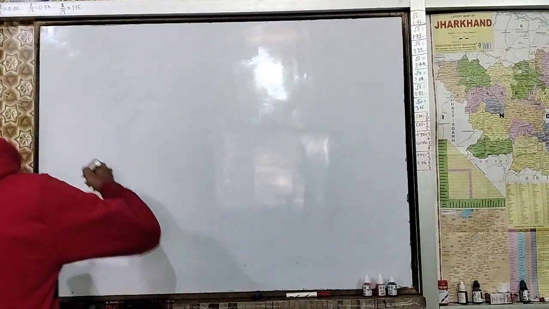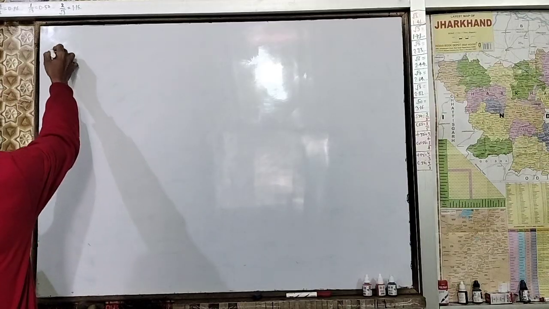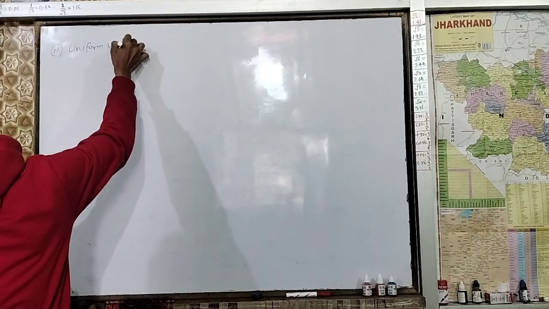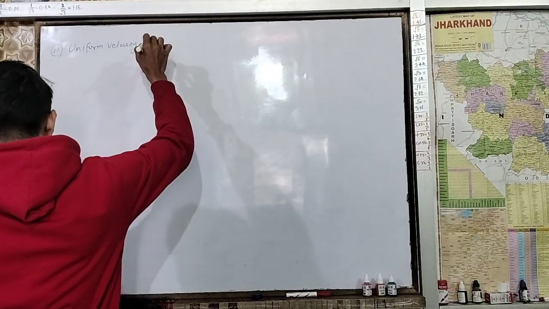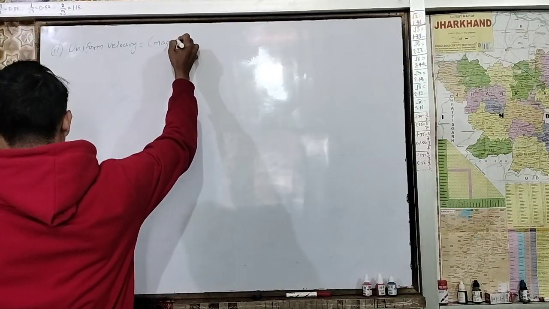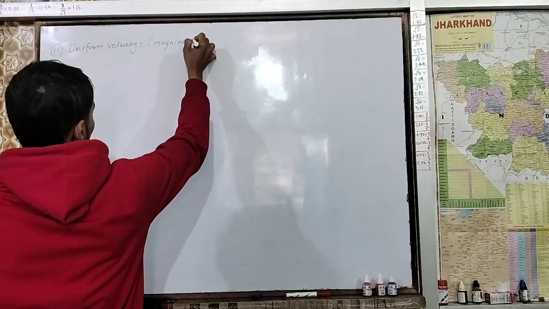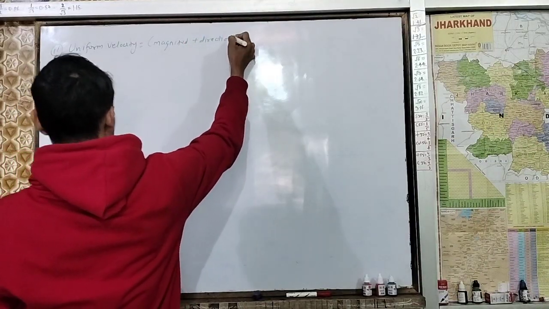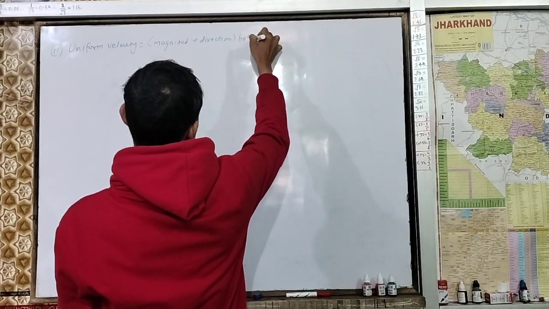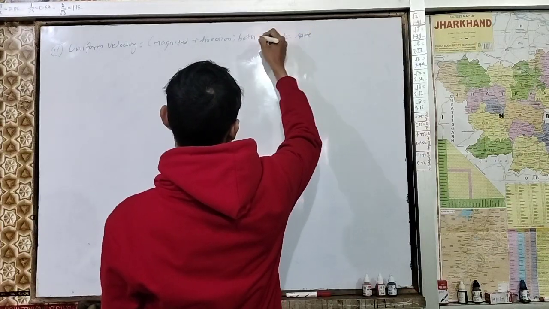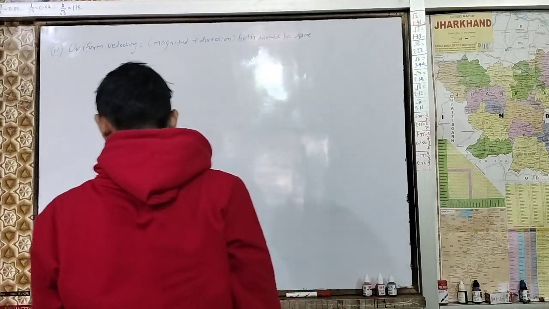Next we have types of velocity, which is uniform velocity. So remember, magnitude plus direction, both should be the same.